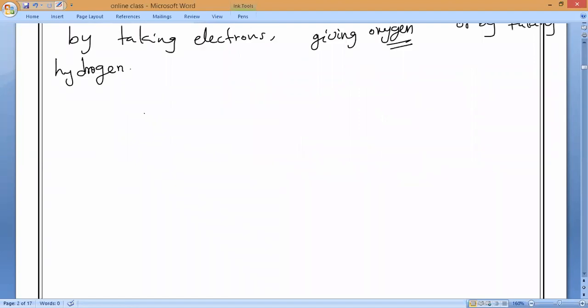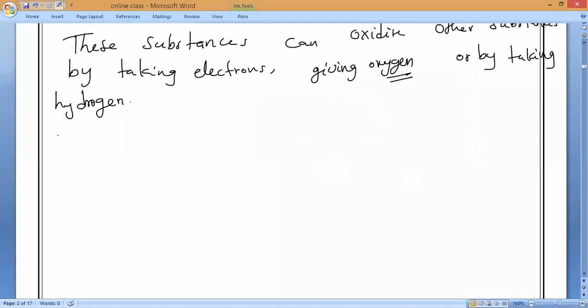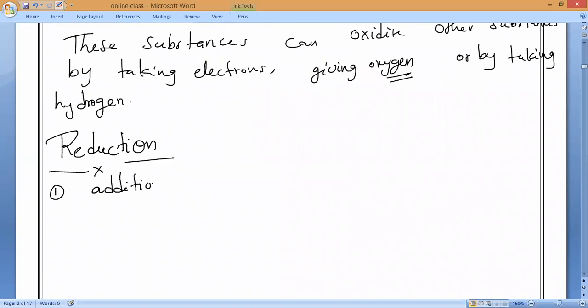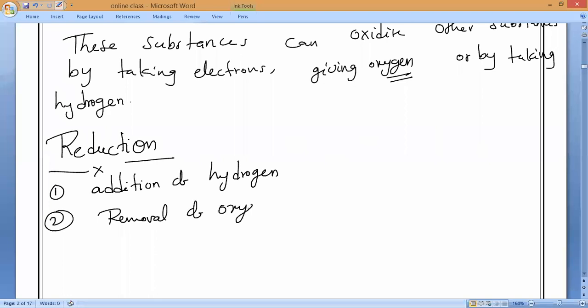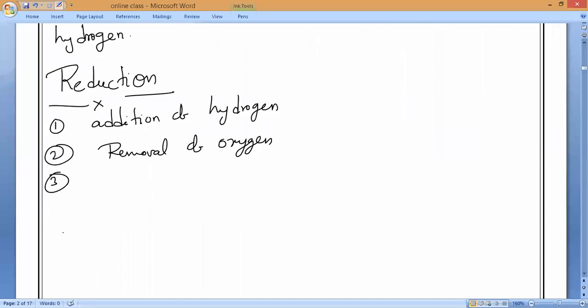Now this is oxidation and oxidizing agent. Same way, tell me the definitions for reduction. If you understand oxidation, reduction is very simple. First definition: addition of hydrogen. Second: removal of oxygen. Third: increase in negative charge.